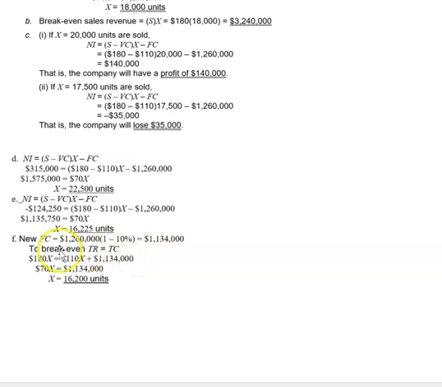So you take your 1.26 million, multiply that by 1 minus your 10%, or 0.9, and that comes out to 1,134,000. Okay, so that is your new fixed cost. So then again, you do your total revenue equals total cost.